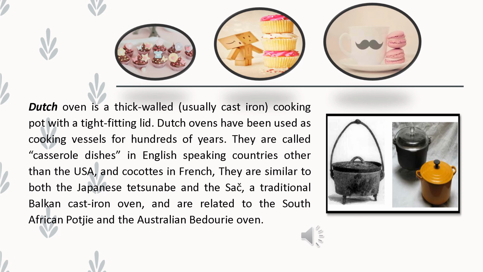They are called casserole dishes in English-speaking countries other than the USA, and cocottes in French. They are similar to both the Japanese tetsunabe and the sac, a traditional Balkan cast iron oven, and are related to the South African potjie and the Australian bedourie oven.